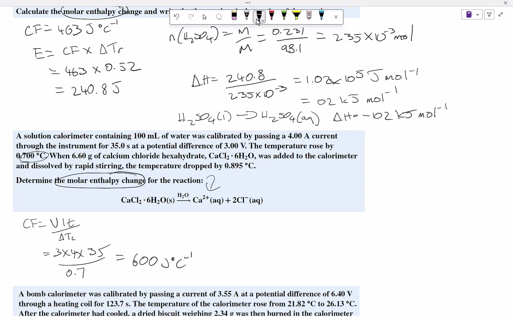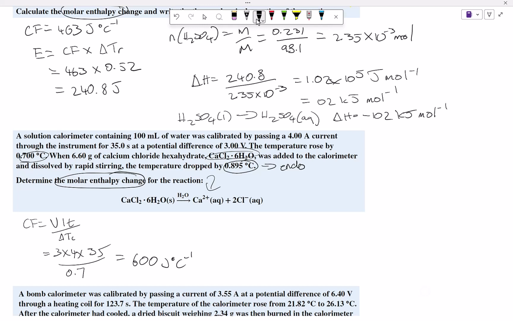So when 6.6 grams of calcium chloride hexahydrate, which is this one here, was added to the solution calorimeter and dissolved by rapid stirring, there was a decrease in temperature. Even if you don't get to the answer, the temperature dropped, it means it's going to be endothermic. So you're going to have a positive molar enthalpy change.